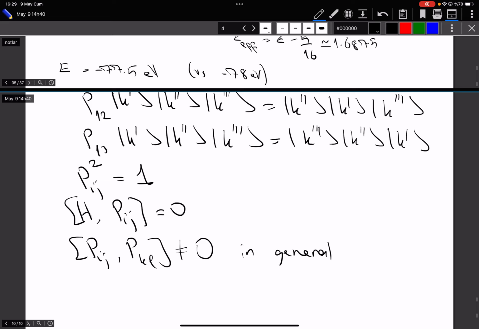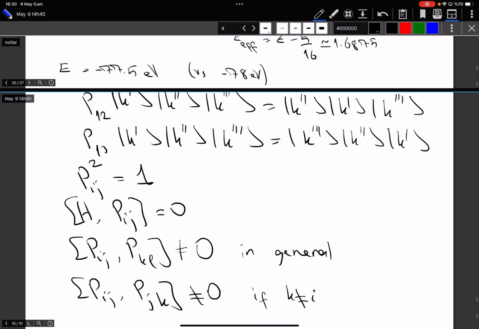If Pij and Pkl are the same, well, the operator commutes with itself. But the difficult terms are these ones. If you have three particles, exchanging these two and then these two is different than exchanging these two and then these two.